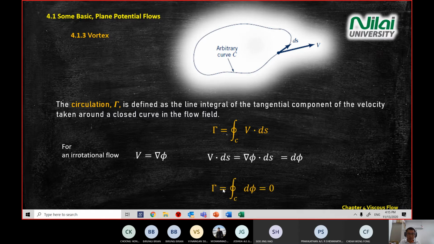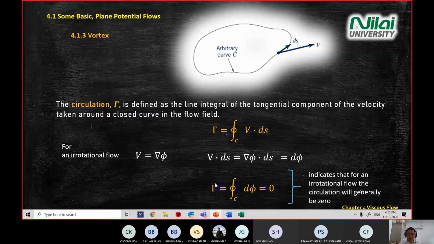Your circulation equation reduces to the closed loop integral of d phi, or change of velocity potential, which equals 0. So when you have irrotational flow, your integration for circulation will be equal to 0. So we just established the equation for circulation.